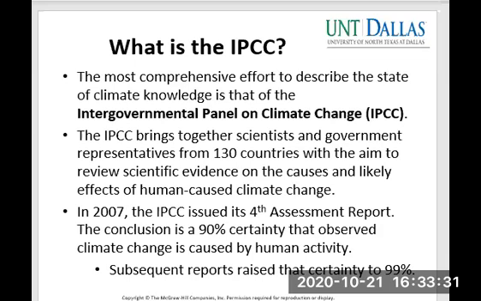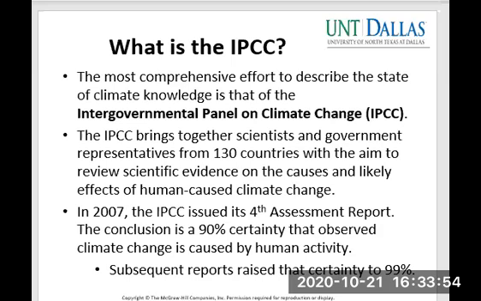In 2007, the IPCC issued its fourth assessment report. The conclusion from that report was that there is 90% certainty that climate change is caused by human activities.